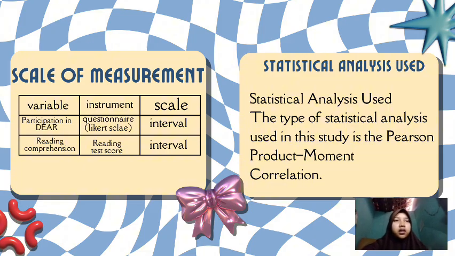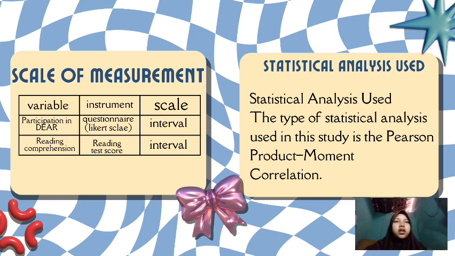Similarly, students' reading comprehension was measured using test scores that naturally represent interval data. Therefore, the use of the interval scale was considered appropriate and justified for analyzing the relationship between the two variables using Pearson correlation.